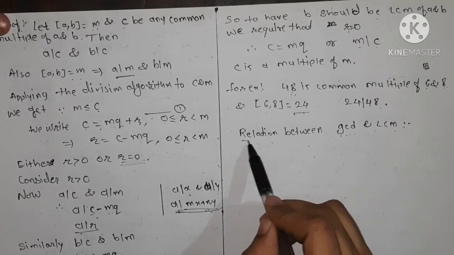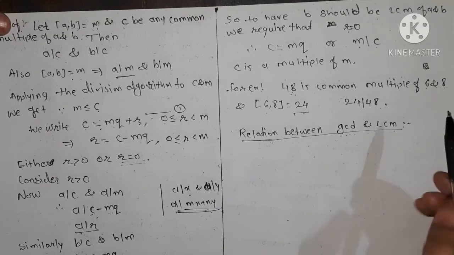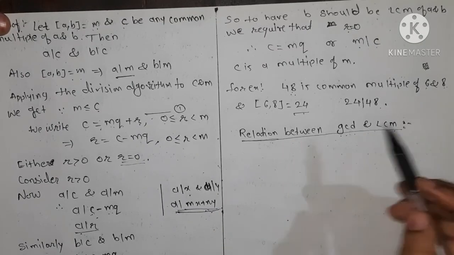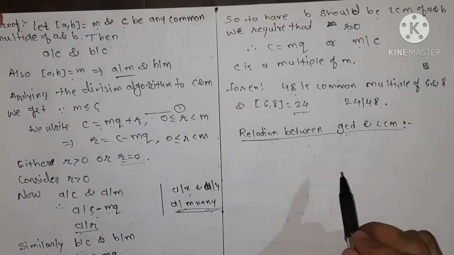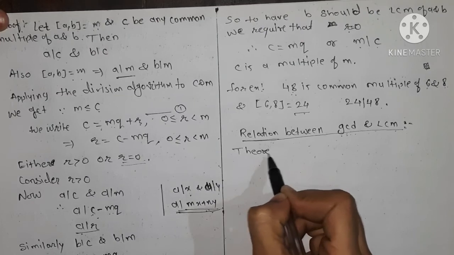So we use that method to find the LCM also. So we find here the relation between the GCD and LCM, and from that, if we know the GCD, we can find the LCM. So we see this relation in the form of a theorem.